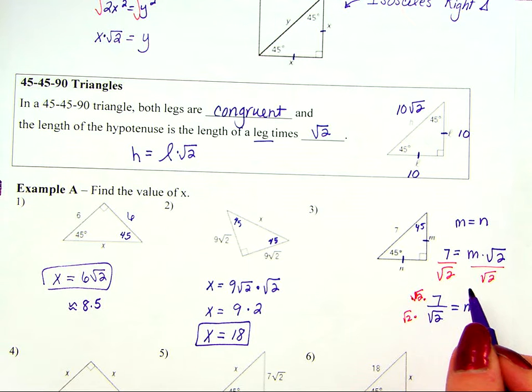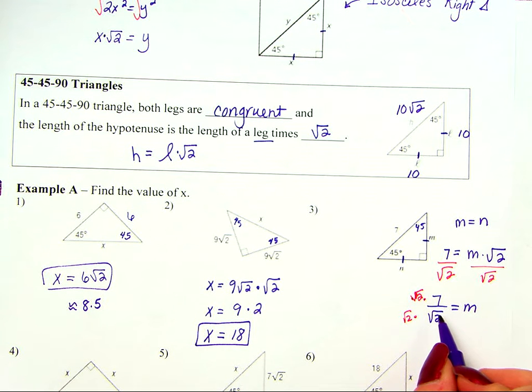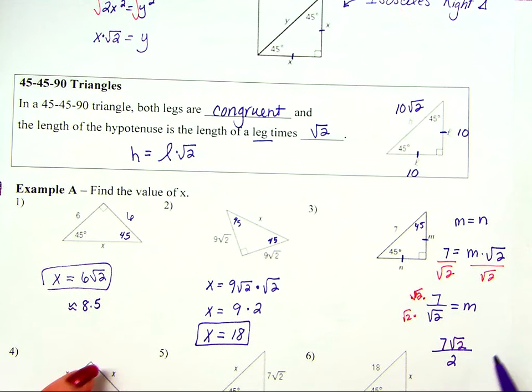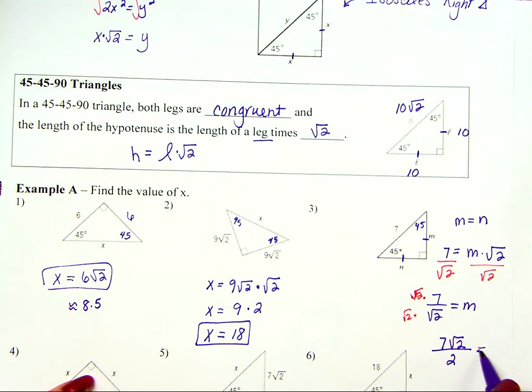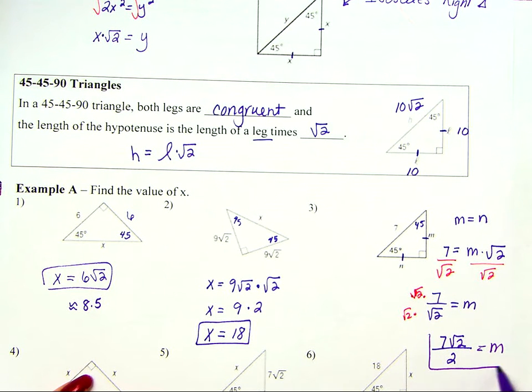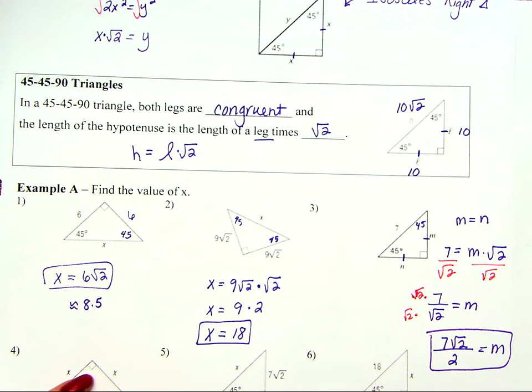So we end up with root 2 times root 2. Well, the bottom of my fraction would give me 2. On the top, I would simply leave that as 7 root 2. Nothing simplifies, nothing reduces, and so this is my value for m, my side length, 7 root 2 over 2.